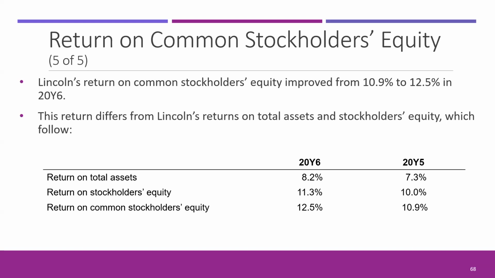So we're separating it for different stakeholders that we're reporting to, because everybody cares about different things. The common stockholders are going to care the most about the return on common stockholders' equity. A large new investor is probably going to care most about return on total assets, to make sure that the new investment is going to drive additional growth, additional sales, and additional net income.